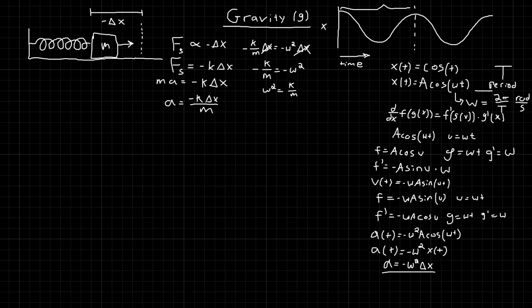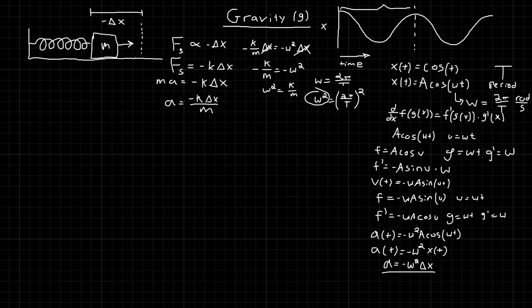If you remember earlier, we said that w is equal to 2 pi over T because it's the speed of a harmonic motion. So if w squared is equal to k over m and w is equal to 2 pi over T, we can rewrite this w as w squared by squaring both sides. So w squared is equal to (2 pi over T) squared.